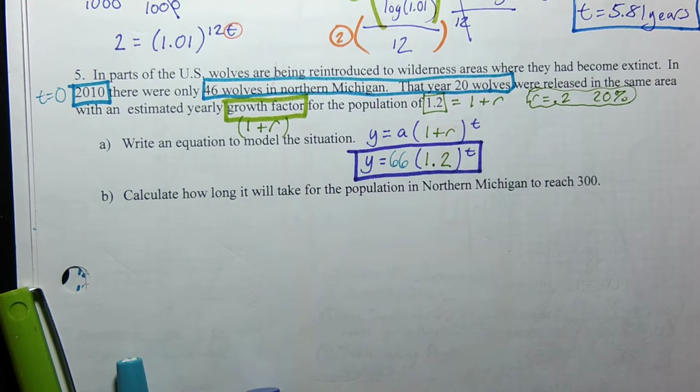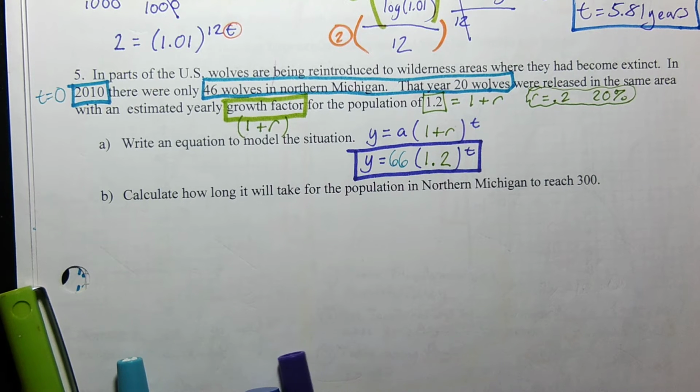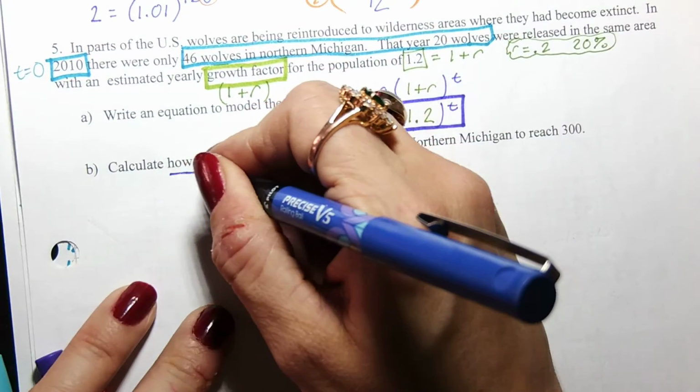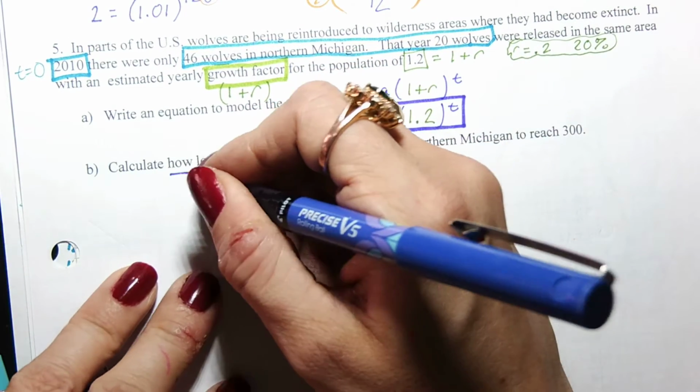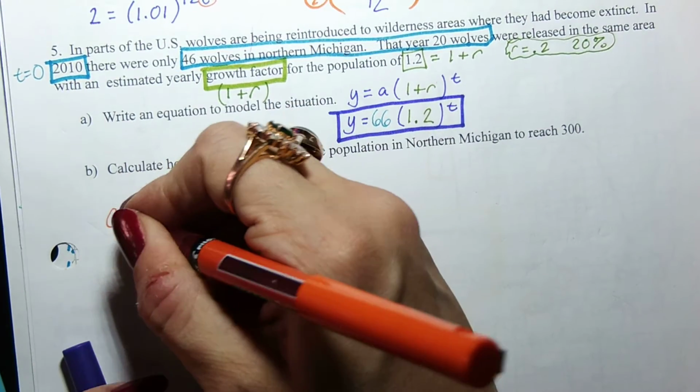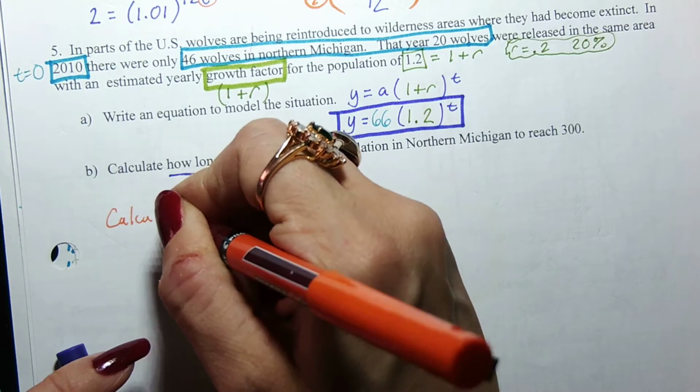We're going to add something to part B because it says calculate how long it will take for the population of the wolves in North Michigan to reach 300. We want to find how long, which means we're looking for t, but I also want you to calculate when.